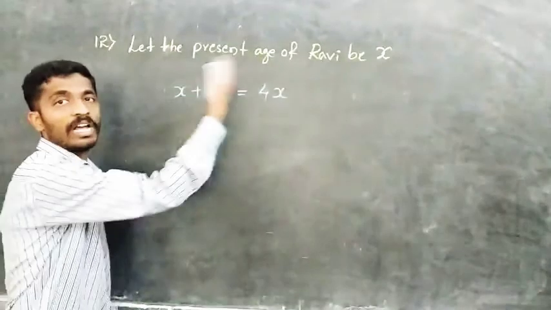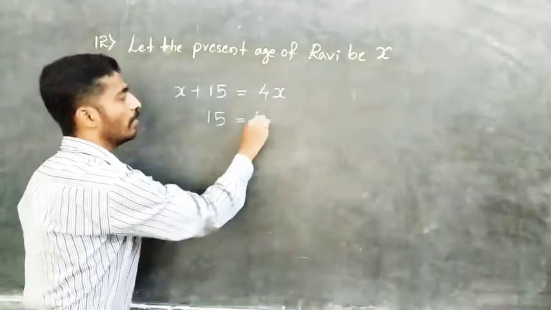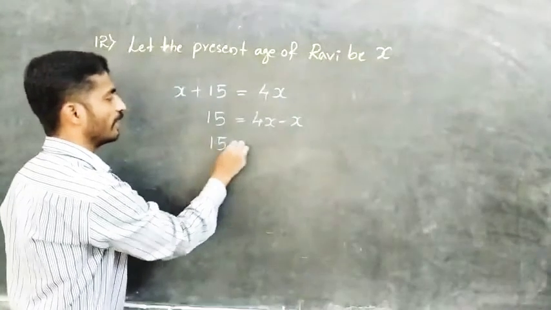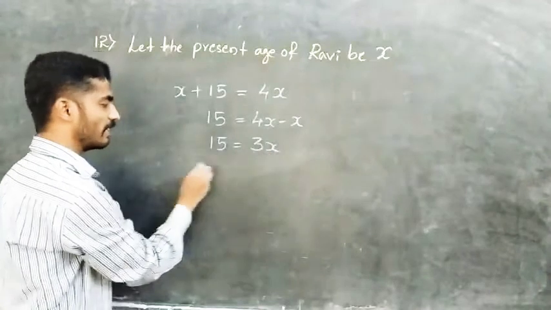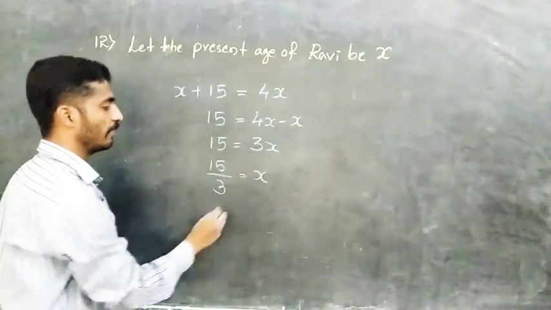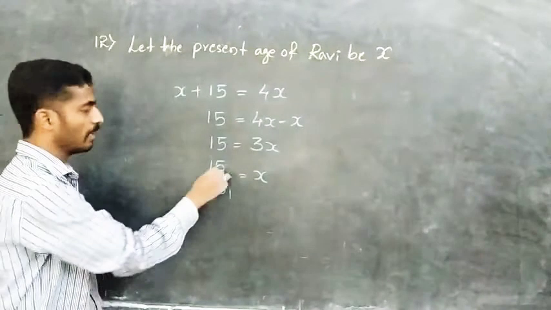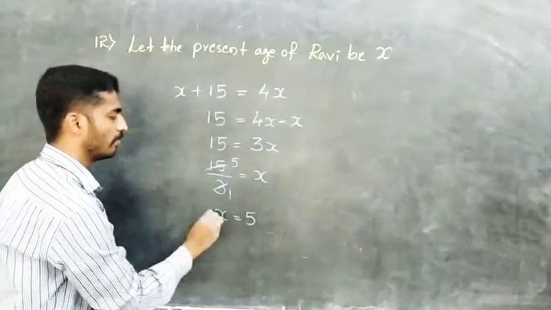Okay, take x to the right side. Here we get 15 equal to 4x minus x. So 15 equal to 3x. So take 3 this side, means left side, it becomes divisible. So here we will get x equal to 15 by 3, it means 3 ones are 3, 3 fives are 15. So x equal to how much? 5.